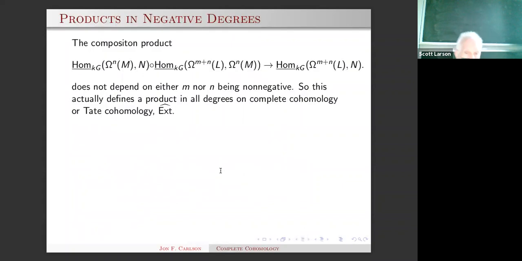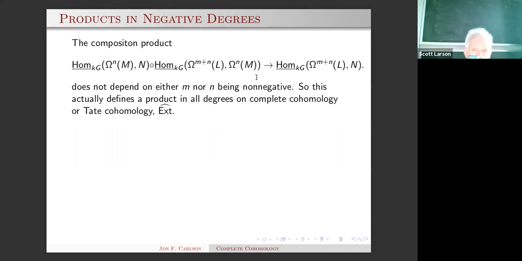Now, what I've written here is the same as what I had before. But here's what you're supposed to notice at this point. You should notice that this doesn't depend upon n or m. It doesn't depend upon the degree. I can define this shift, I can shift one way, I can shift the other way because I'm in a self-injective ring.